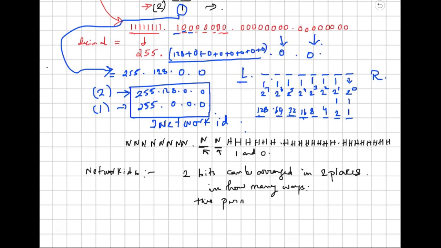You know, previously there is a formula for permutations and combinations. This is a permutation because arrangement of places is called permutations. So if 2 bits are arranged in two places with repetition of numbers, it is n power r. What is n and what is r? This is the mathematical formula: n power r, where n is the total number of bits.